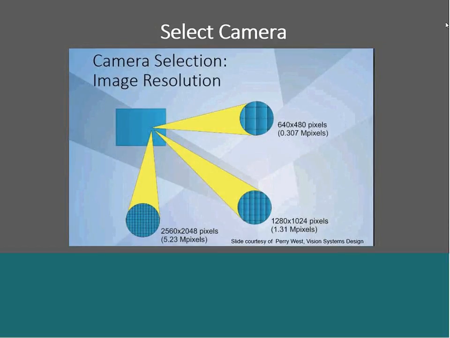Looking at the migration as we've gone from VGA through the megapixel cameras and now into multi-megapixel cameras, from Perry West we see an illustration here of the pixel size. Because the format is about the same, pixels have to get smaller in order to fit into the same kind of area, whether it's half an inch or 2/3 or whatever.